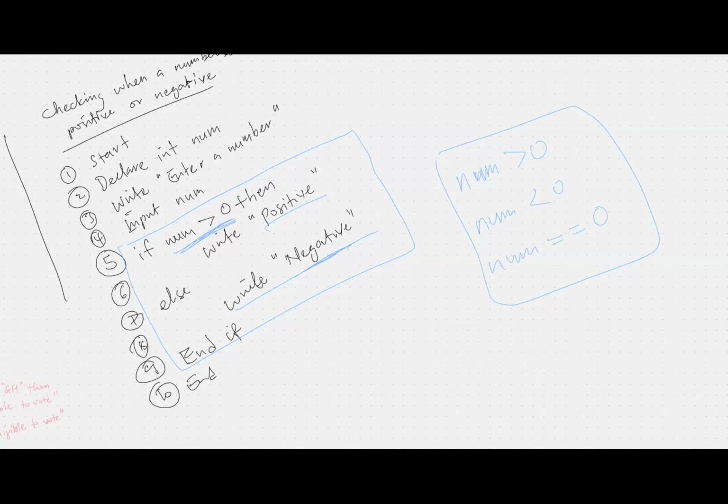Okay. The gentleman was saying something. Can you please go ahead and then let me hear you. Let's just write the part with the if. So he said if num is greater than 0, then write positive.